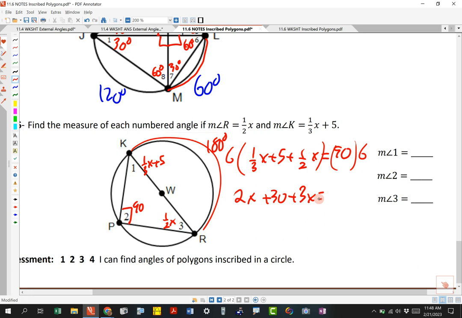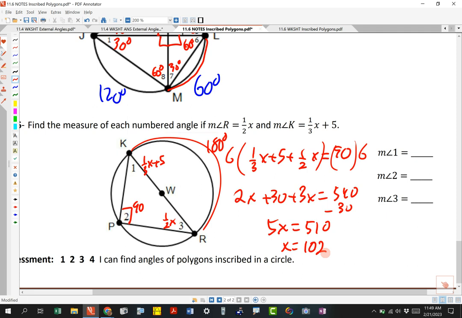We get plus 3x. And then on the other side, I've got 6 times 9. So that's going to be 540. So I'm going to have 5x. If I move the 30 to the other side, that's 510. And I'm really hoping that that goes in there evenly. It's 510. It ends in a 0 or 5. So it's going to go in there evenly. So what's x? 102. X is 102.